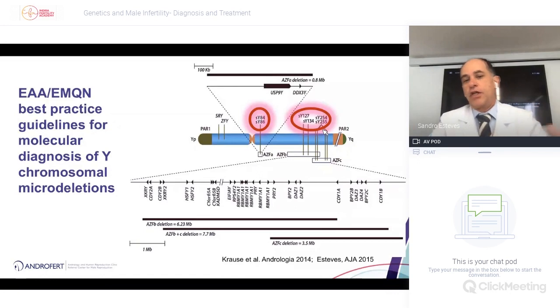If in your network, in your clinics, you use the same laboratory, fine, because then you can ask them, are you giving us the report according to the European Association of Andrology guidelines, including at least these 6 regions?